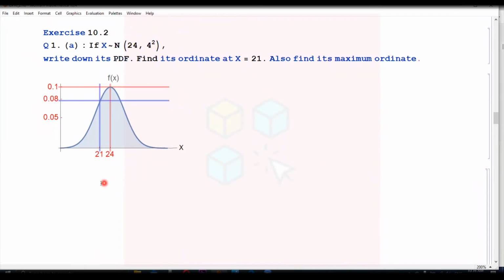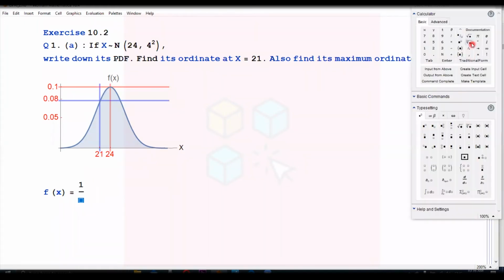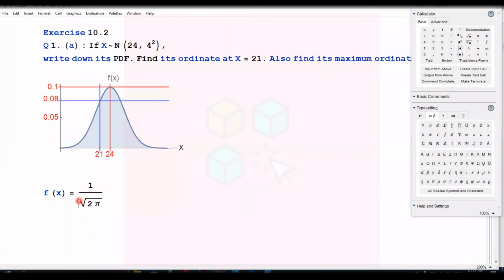First of all, I will write it here: f of x is equal to 1 divided by 2 pi, this is the sign of under root 2, sigma is 4, so we will write 4 here, and then e raised to the power minus 1 divided by 2, x minus mu.